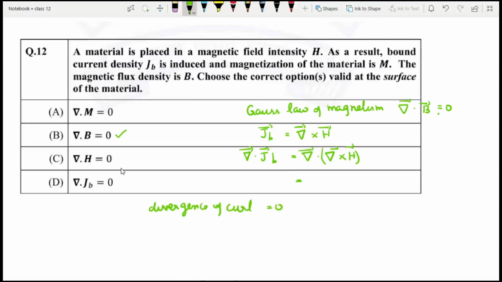So this right hand side will be equal to 0. That is, del dot current density is equal to 0. So option D is a correct one.